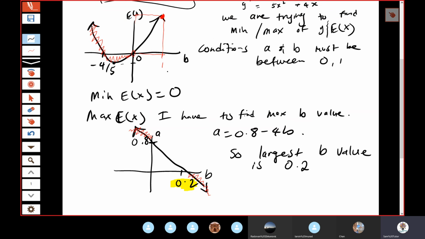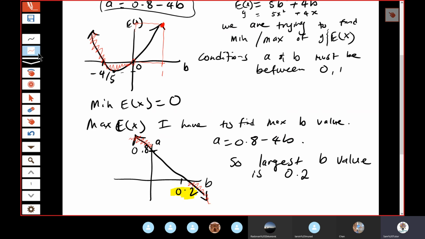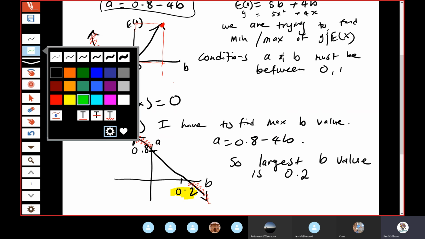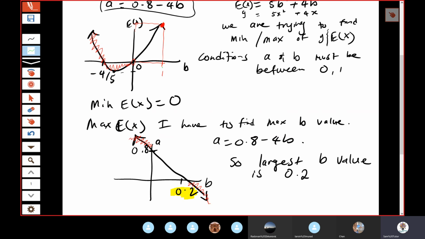Therefore, when I think about it in terms of this graph again, I know that it has to be between 0 and 1, but now I know that b can't even get up to 1. It's not even going to go past 0.2. The largest value I'm going to have for b is 0.2, which means the largest value I'm going to get for this is 1, and we'll work that out right now.